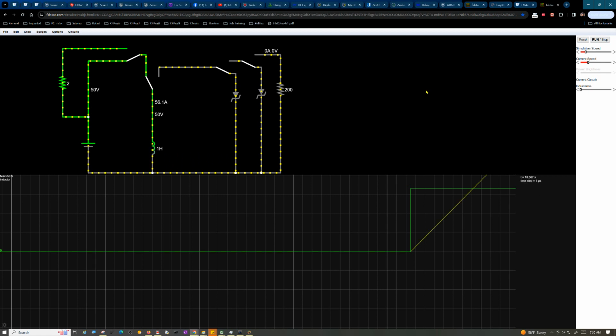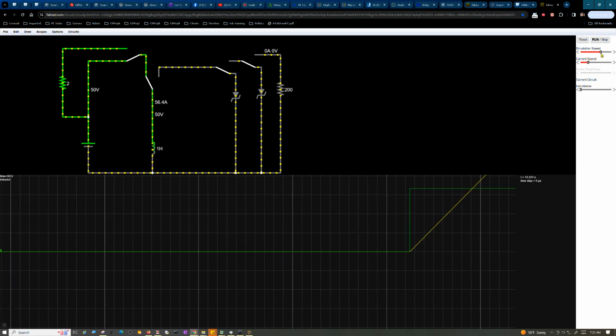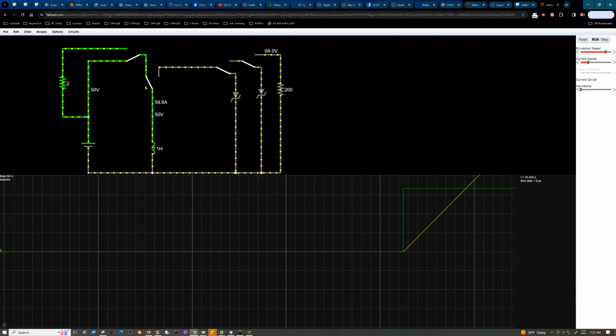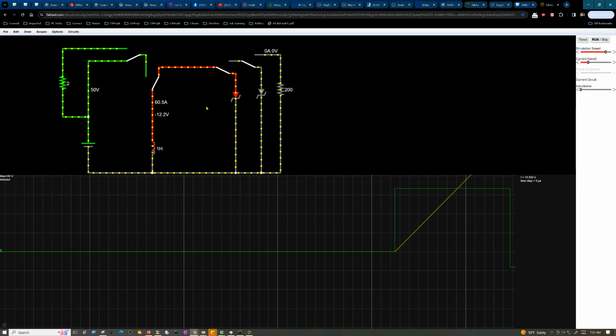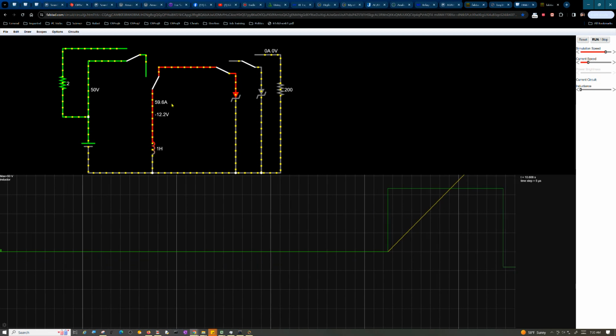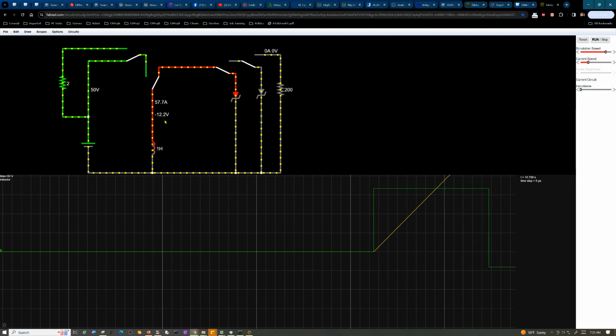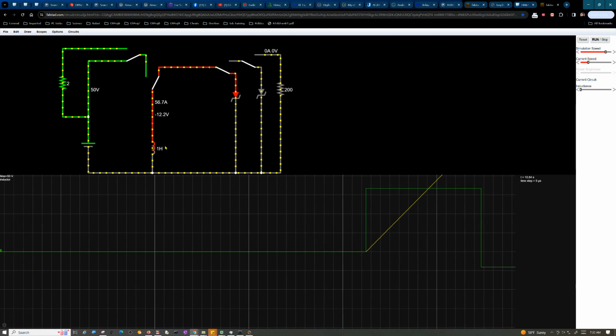Now note how long it takes to discharge it through 12 volts. I'm going to do the same test again more properly here in a minute. Alright, so we got 60 amps. Now we're discharging it. Now note the voltage and the current across it. See, it switched to minus 12 volts because the inductor's polarity is reversed.